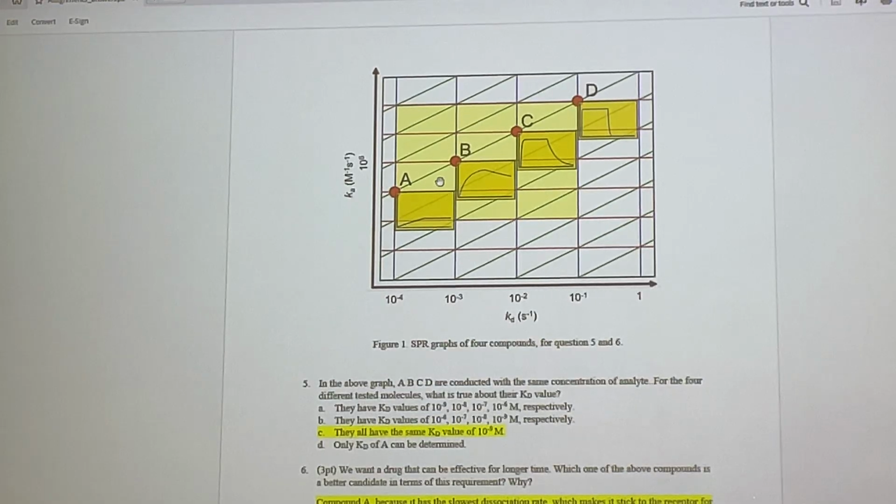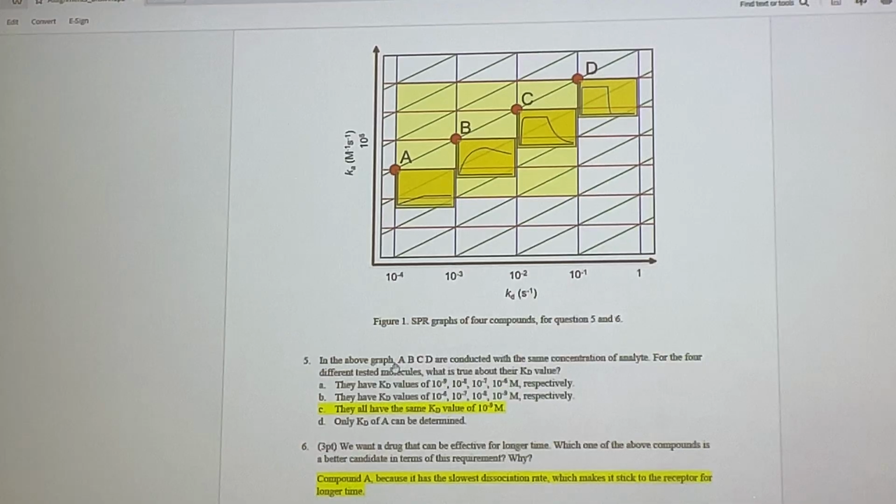Basically, they should have the same binding affinity, because we know that the big KD is a ratio between the small kd over small ka, all right? And because they lie on the same line, the ratio of them is actually the same.